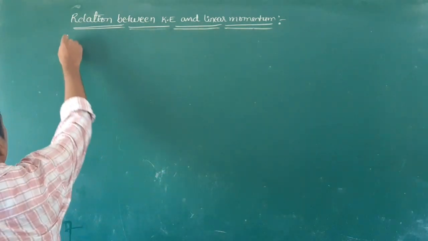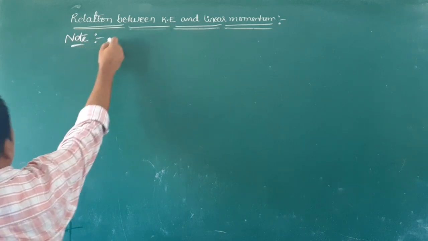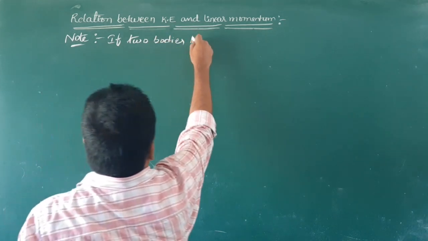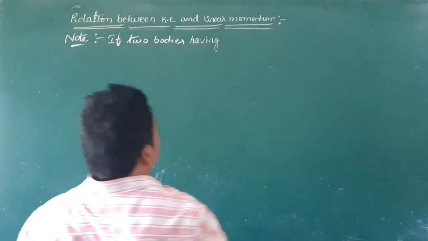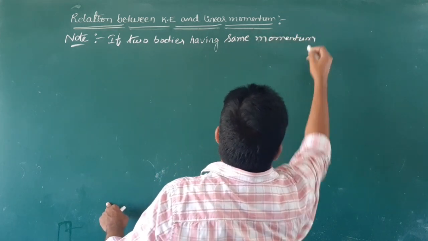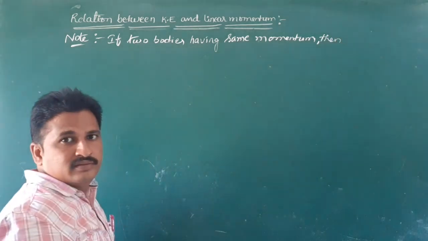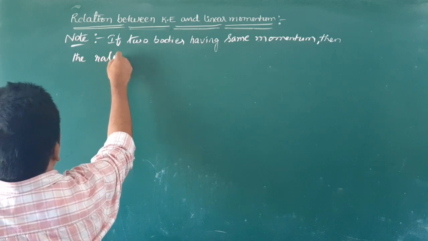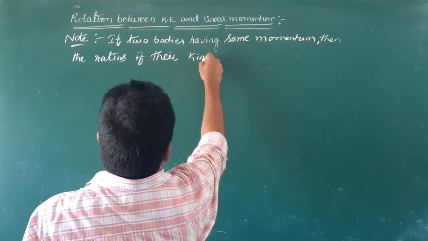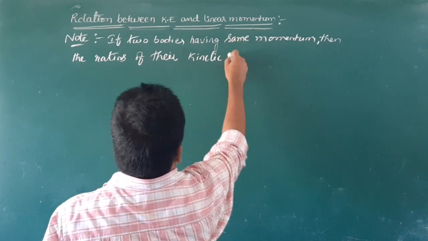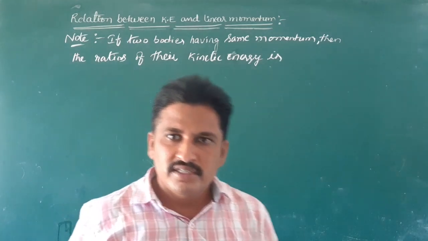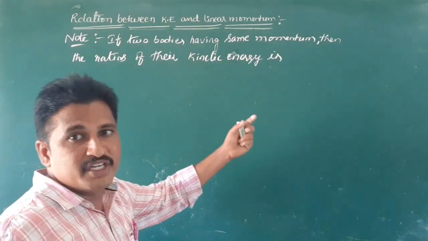See here, for two bodies having the same linear momentum, we should write the equations for those two bodies.